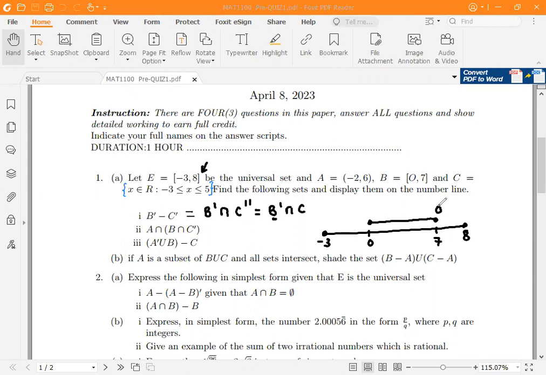You do the opposite. So you go all the way up to 8. Whatever is closed in the universal set will not change its state even when you do the complement. You leave it the way it is. And then again here we'll do the opposite, so open, but for the -3, we'll leave it the way it is.